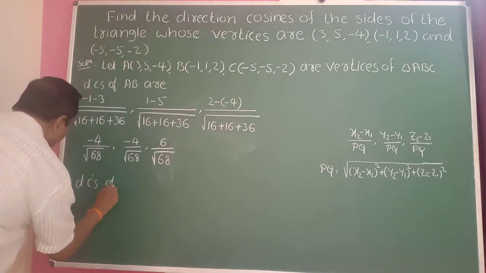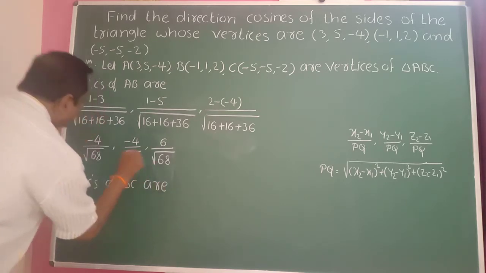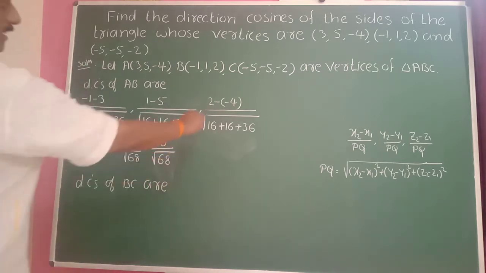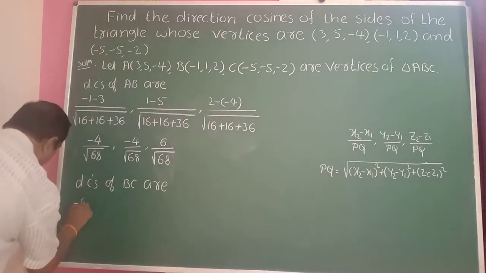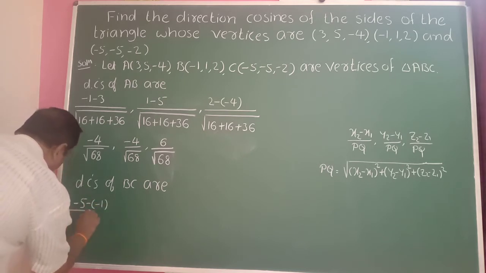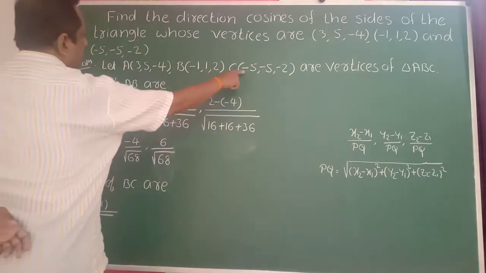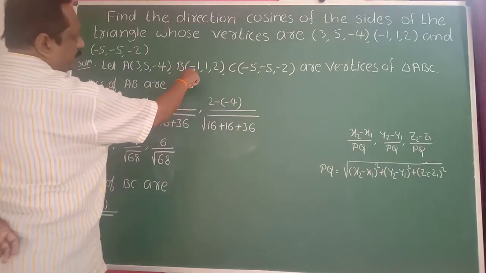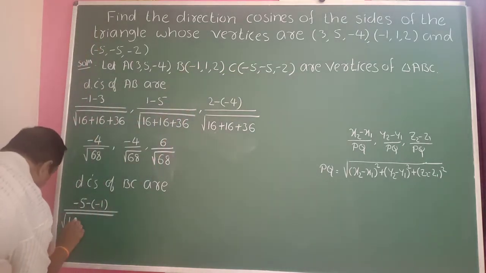Similarly, the direction cosines of BC are (-5 minus (-1)) divided by the root of: -5 plus 1 is -4, square 16, plus (-5 minus 1), which is -6, square 36, plus (-2 minus 1), which is -4... wait, -4 squared is 16.